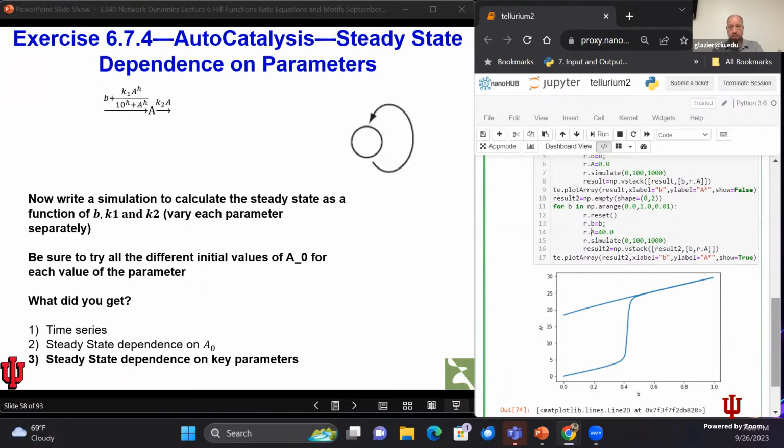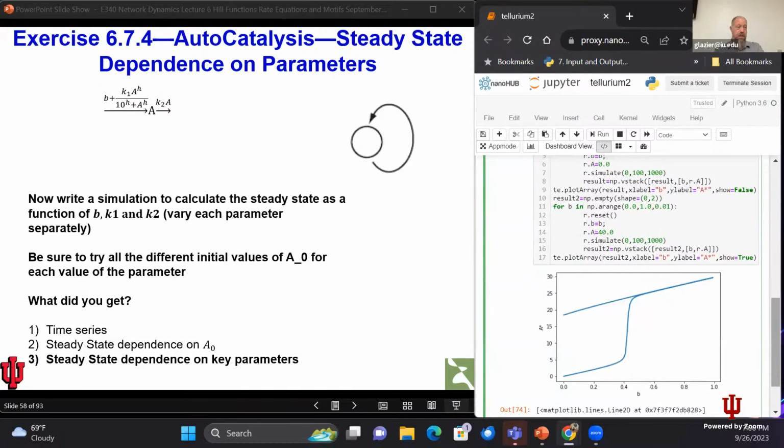William, can you have an idea? What is the y-axis here? I was thinking out loud. Isn't it the steady state of A? Perfect. Yeah. And then the bottom is just whatever B is. Right. B is a parameter. It's the basal rate of production.